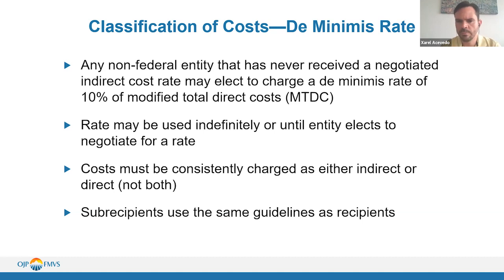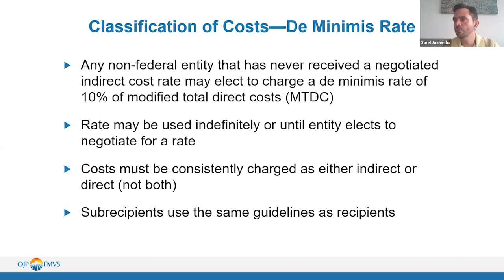The de minimis rate, remember, can be used indefinitely until you try and actually negotiate a rate. If you don't want to negotiate a rate, keep using your de minimis rate of 10%, okay?